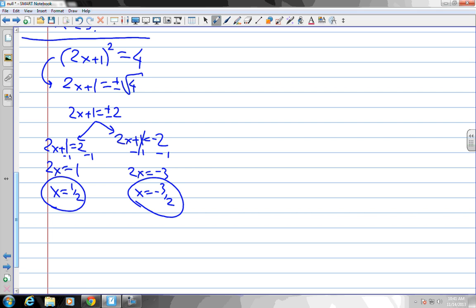Is that okay? Because I can do this equation by factoring. Don't write this down, but if I do this equation by factoring, first I need to get 0 on one end, so subtract 4, right? So then what do I do?